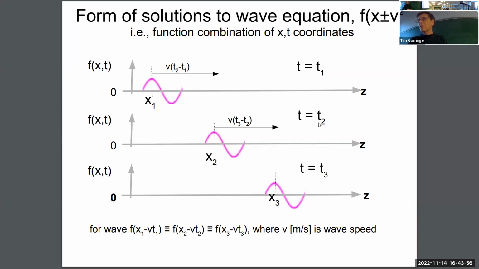So T1, T2, T3. T1's the earliest time, T3 is the latest time, T2 is some intermediate time. And so we see this wave in magenta. Imagine you pluck the string like this. We see it propagating, walking along the length of the string at some velocity.